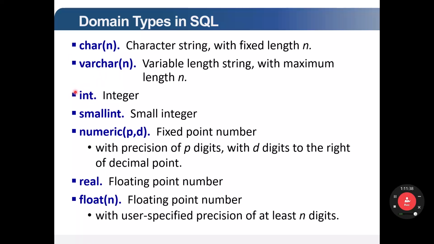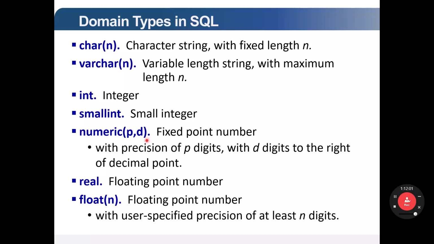INT is for integer, and smallint is for small integer, a 2-byte integer. And for floating point numbers, you can choose any of these three. Numeric is usually used for currency, like a dollar. US dollar has dollars and cents, right?